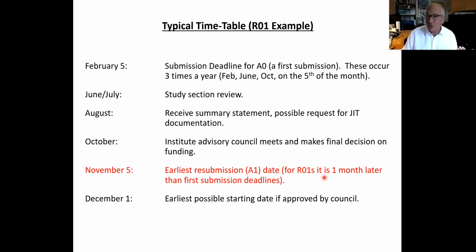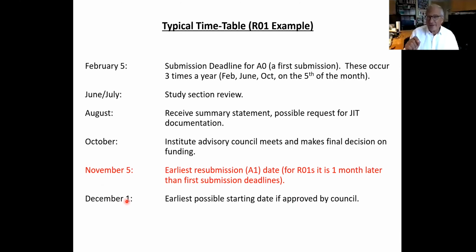So you get an extra month on a resubmission. Now, if you didn't have to resubmit, the earliest starting date would be December 1st, but it may not be December 1st because sometimes the Institute, for whatever reason, might be a little later. December 1st would be the earliest, but that doesn't necessarily mean you'll get paid then. It could be in January or February.